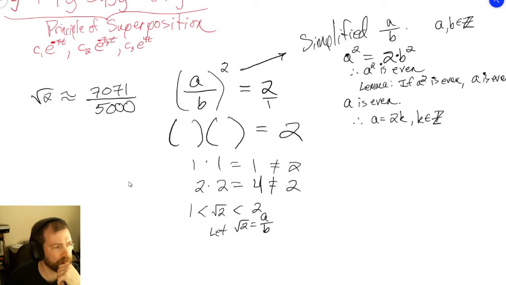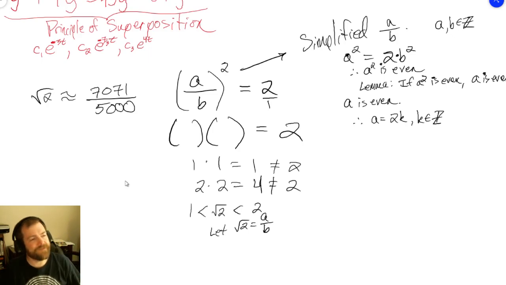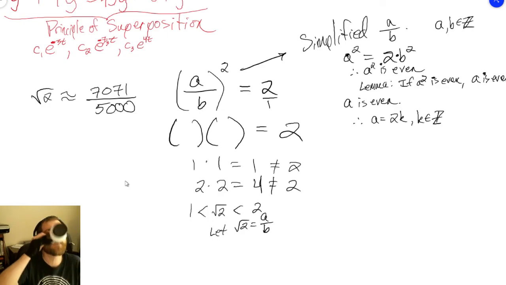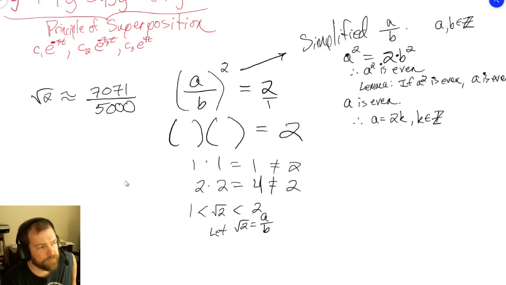Well, sure, 4 over 2 can be a whole number. I know. No, you're saying simplified. So, yes, in theory.